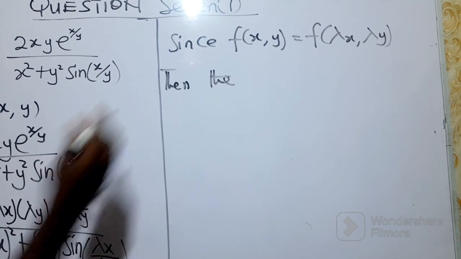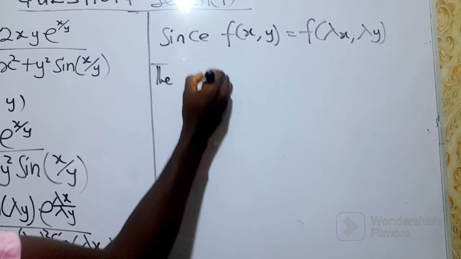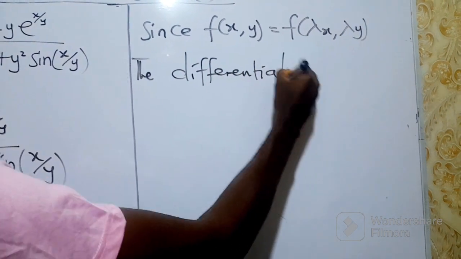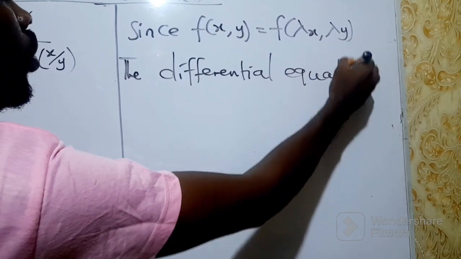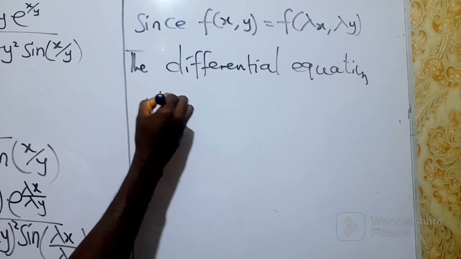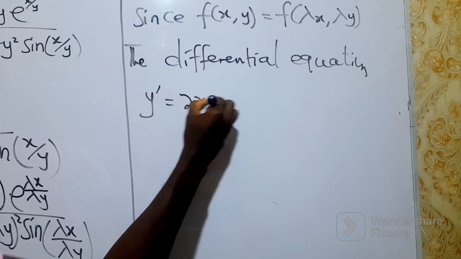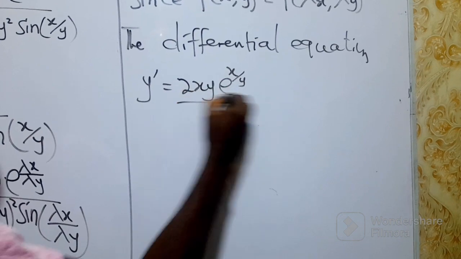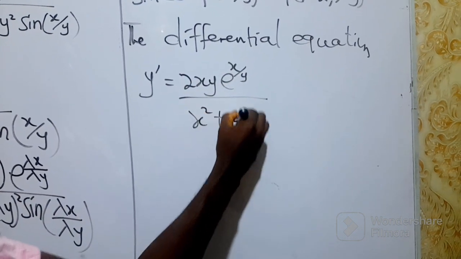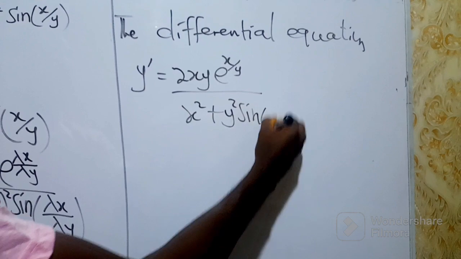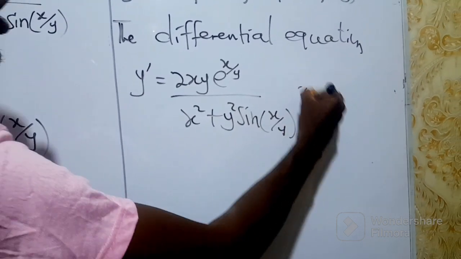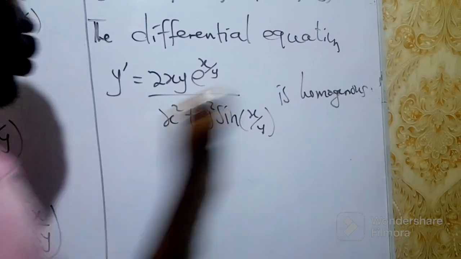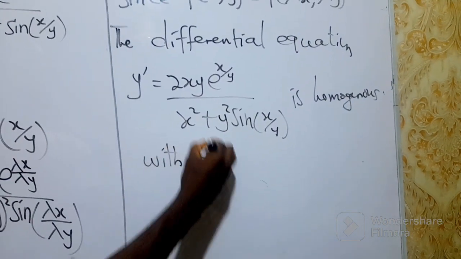So the differential equation y prime equal to 2xy e exponent x over y all over x square plus y square sine x over y is homogeneous. Is homogeneous with degree 0.